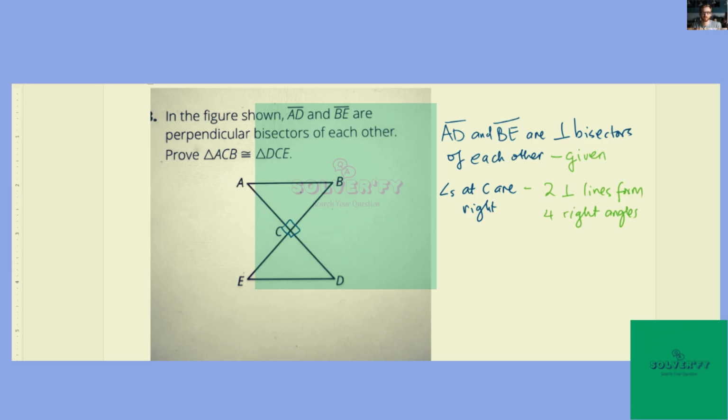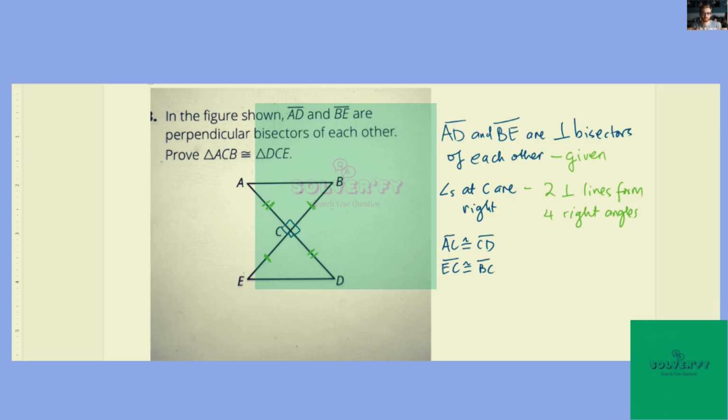After that, we know that if they are bisectors, AC would be congruent to CD and CE would be congruent to CB. So that's the sentence I should write. That segment AC is congruent to segment CD, and segment EC is congruent to segment BC.